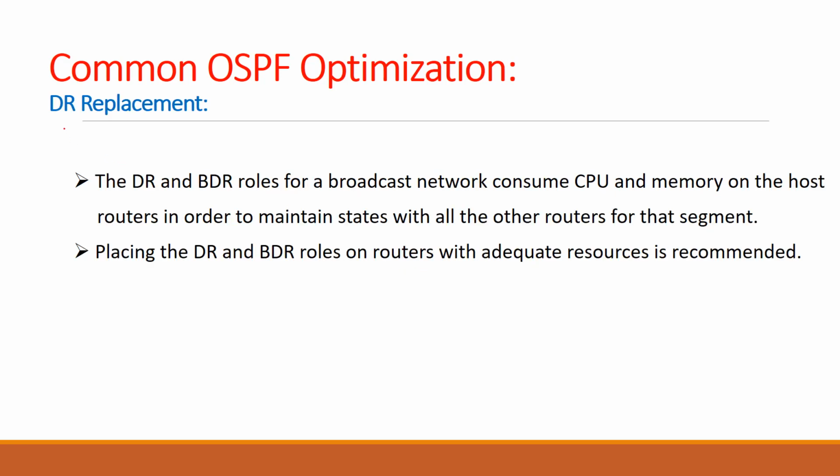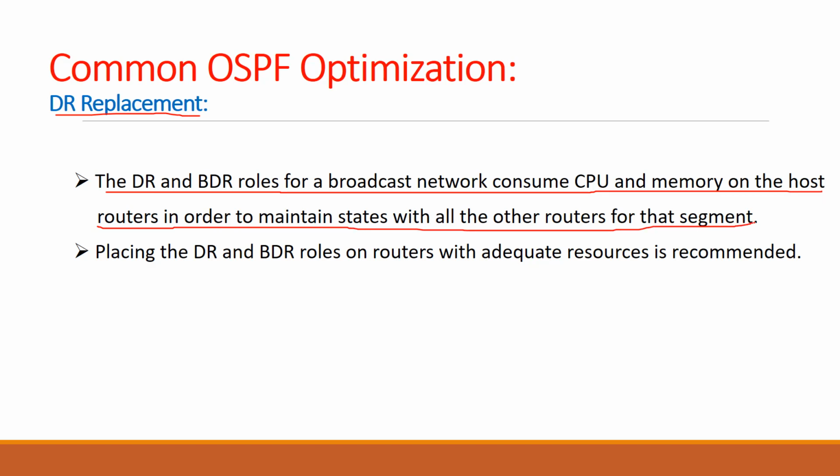The DR replacement. The DR and BDR roles for a broadcast network consume CPU and memory on the host routers in order to maintain states with all the other routers for that segment. So, placing the designated router and backup designated router roles on routers with adequate resources is recommended.